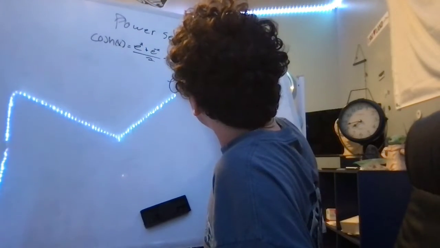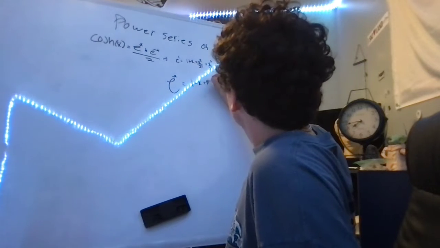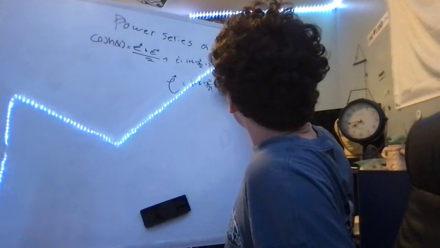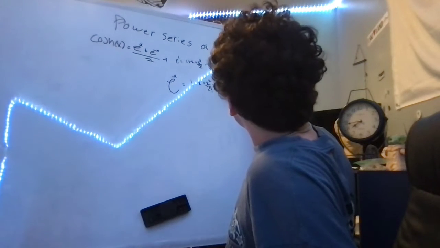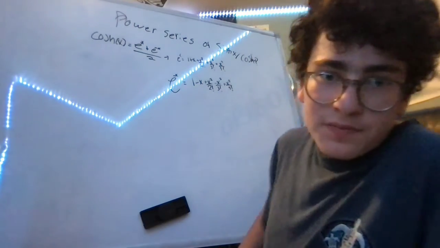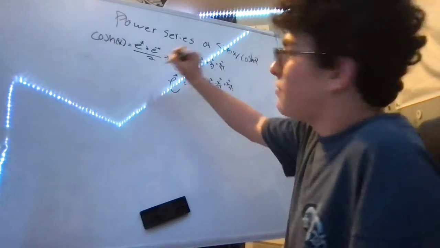e to the negative x is equal to 1 minus x plus x squared over 2 factorial minus x cubed over 3 factorial plus x to the 4th over 4 factorial. Okay? So we've got that. And now we're going to add these together and divide by 2.